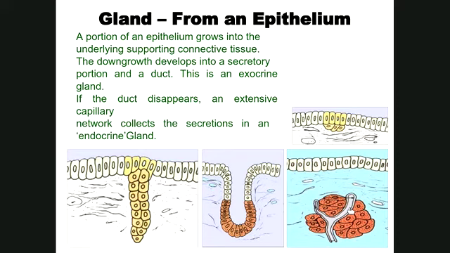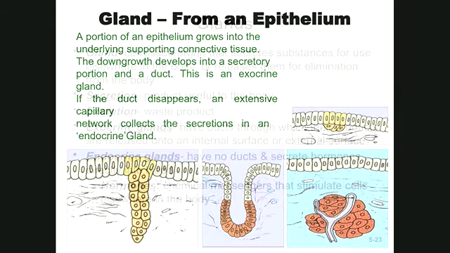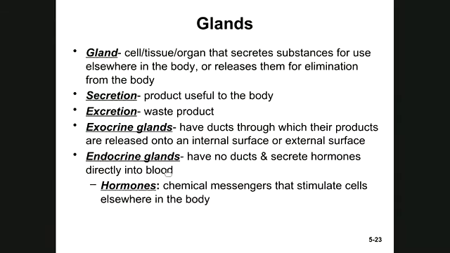So we can divide our glands into endocrine and exocrine. The endocrine glands have no ducts and they can secrete hormones directly into the blood, and the exocrine glands have ducts through which their products are released onto an internal or external surface of our body.